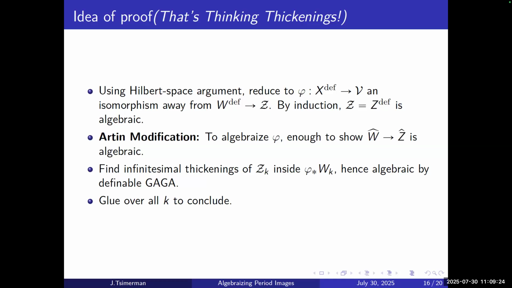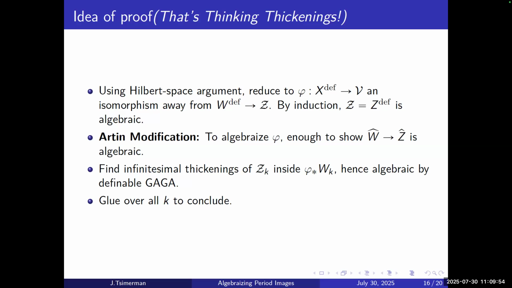I'm sorry? It doesn't mean anything. It's a vague thing meant to denote some intuition, where really what you're doing is pushing forward some structure sheaves on W, and you're finding it inside there. But you have to be a little careful that you don't lose anything and you capture all of Z. The slightly more detailed, still slightly false outline is that you literally push forward the structure sheaves of the thickenings.